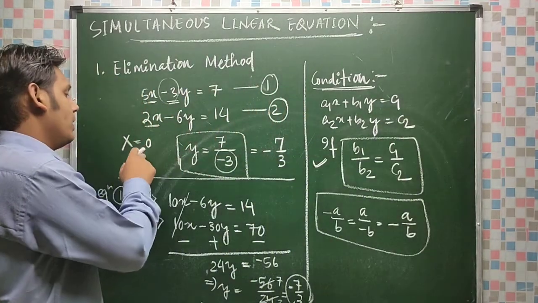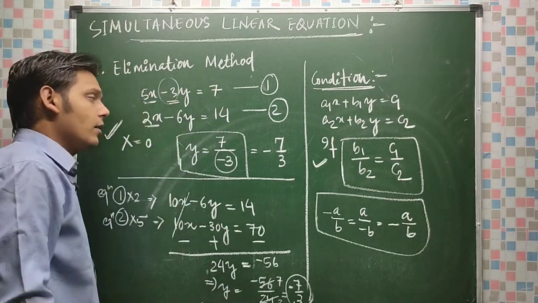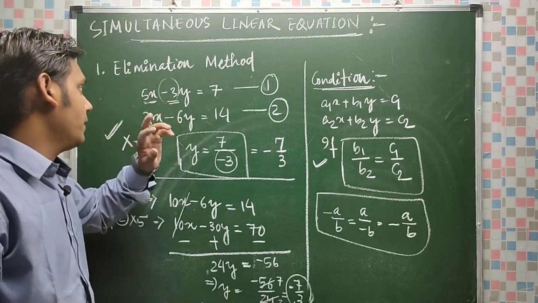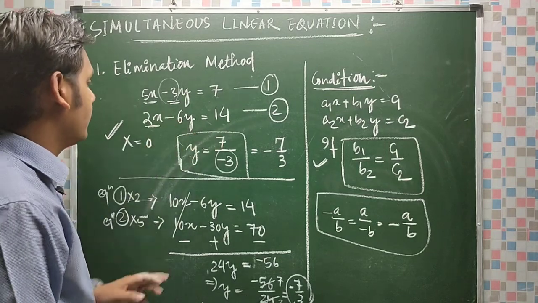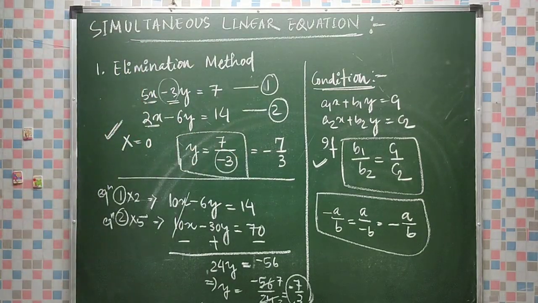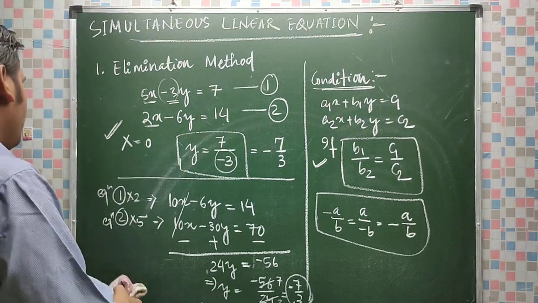Then directly you make x 0, and y is equal to the constant term by the coefficient of y. The coefficient of y is minus 6 here, and 14 divided by minus 6 gives the same answer, minus 7 by 3. You can take a screenshot also. Thereafter one more example I will discuss, and then we will go to the graphic method.